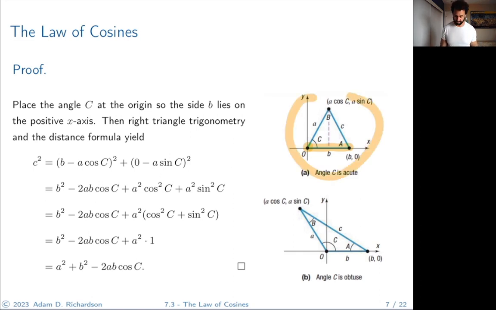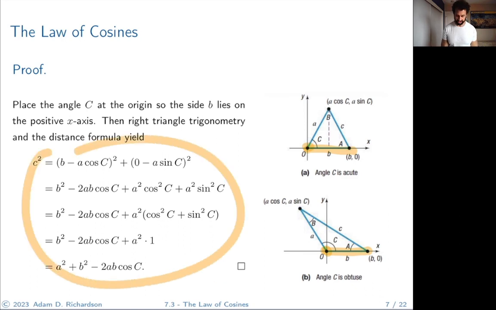The first one here, where all the angles are acute, or this one here, where two angles are acute and one angle is obtuse. But what's nice is that this setup works for either case, so you don't need to even do a separate calculation. All you've got to do is center your angle C at the origin so that the side b lies on the positive x-axis, just like this. And so the rest of this calculation can be applied to either one of these triangles.